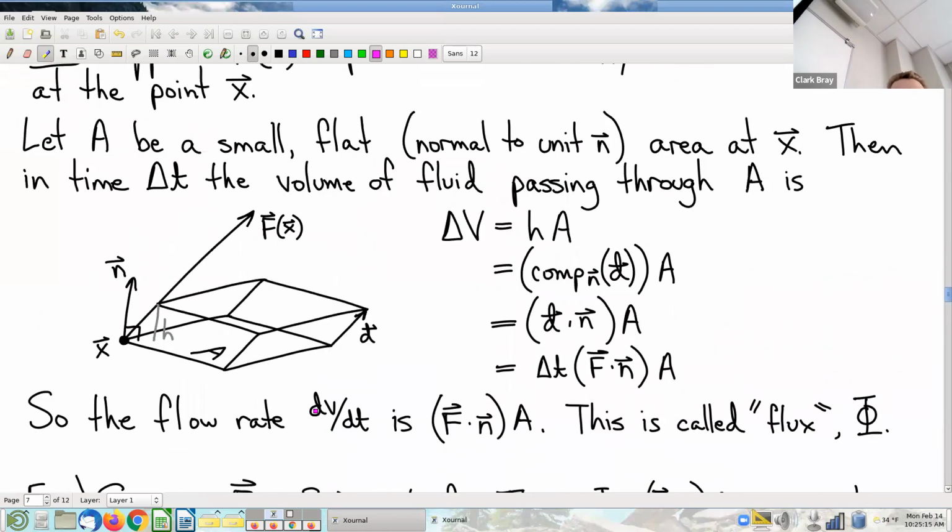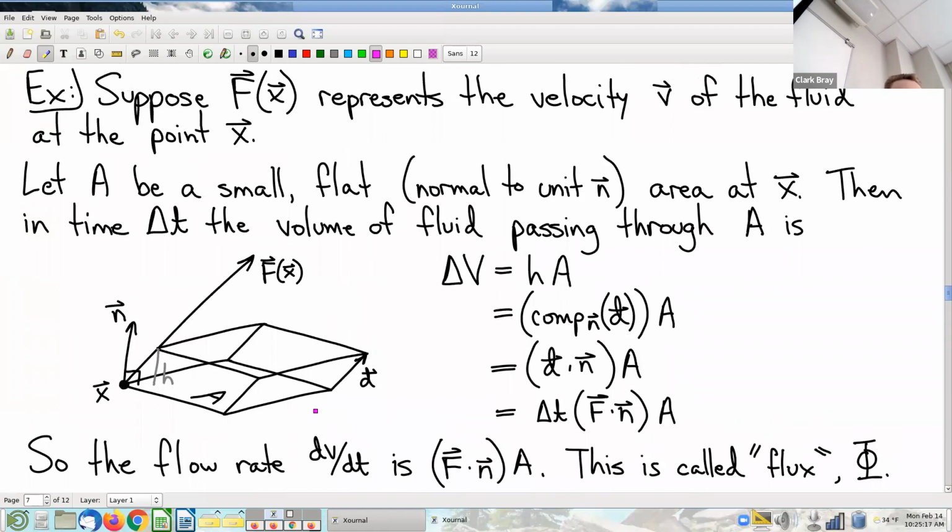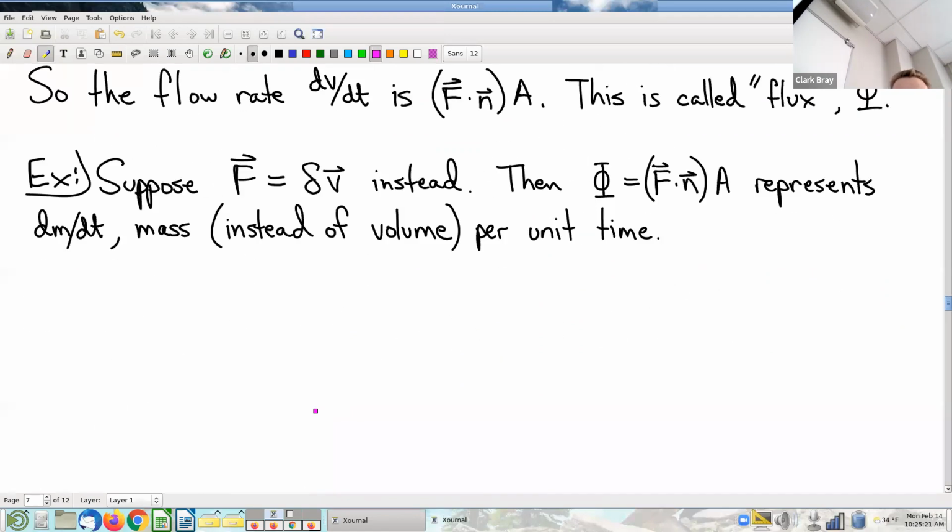Again, this is going to be your model right here. You're going to kind of rip off this calculation here, but now let the vector field represent this and compute dm dt, the quantity. Here I'm using mass, but density comes in all sorts of forms.